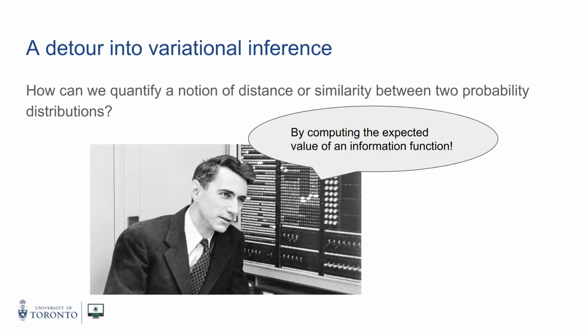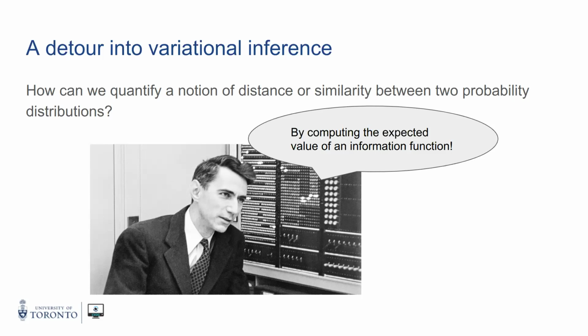And we have our true reverse distribution as p. We want to minimize the notion of similarity or distance between these two. And that's going to be our big training objective. Everyone confident on the training objective? Okay, cool. The way we do this is by computing the expected value of an information function.